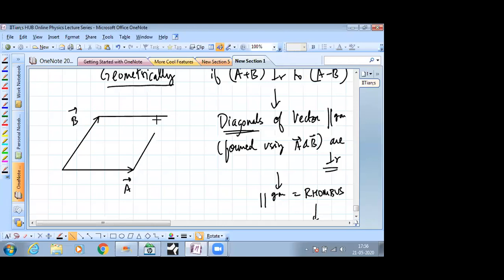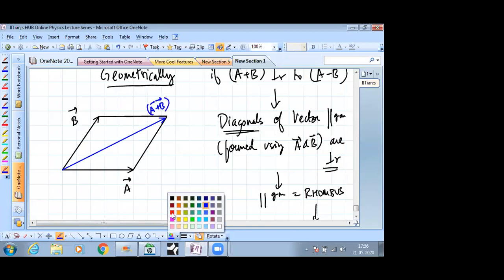and I impose the condition that a plus b is perpendicular to a minus b. Okay. When I impose that condition, the primary diagonal, which is this one, becomes the resultant sum, and the secondary diagonal, which is this one, is the difference a minus b.